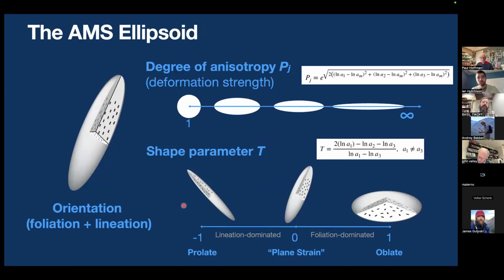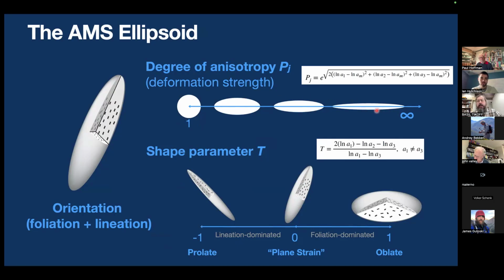The other technique we're going to use is the anisotropy of magnetic susceptibility, or the AMS. This uses the magnetic properties of the rock to determine both the degree of anisotropy, PJ, which is basically the deviation from a sphere or a circle. If it's 1, it's basically equal, isotropic in all dimensions.